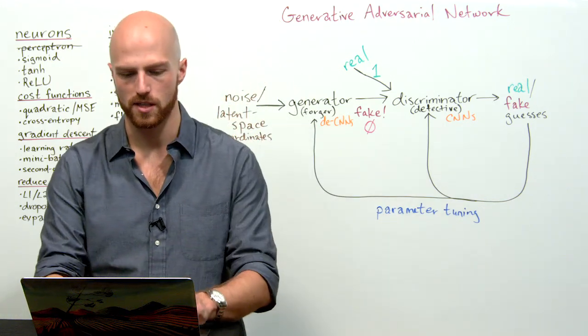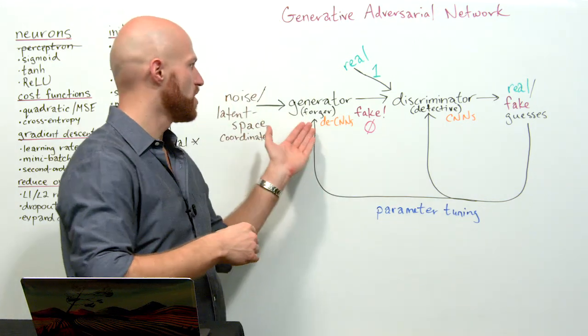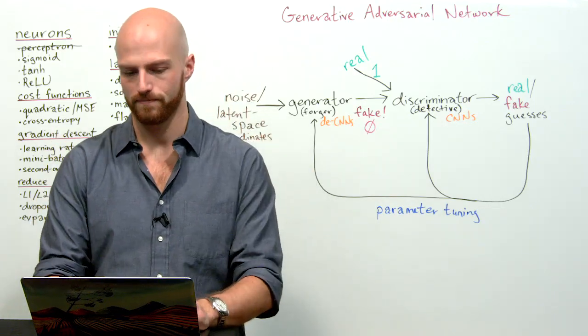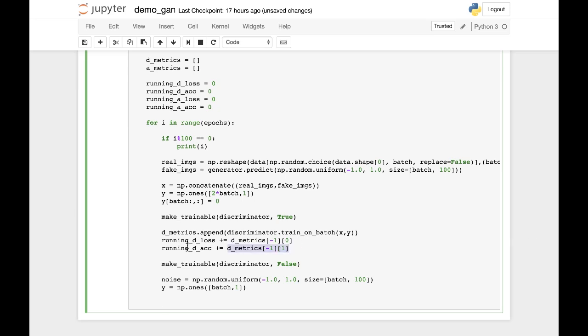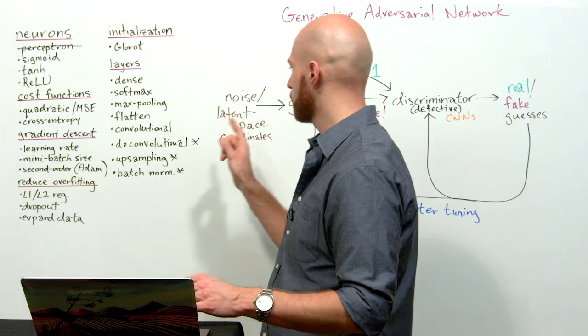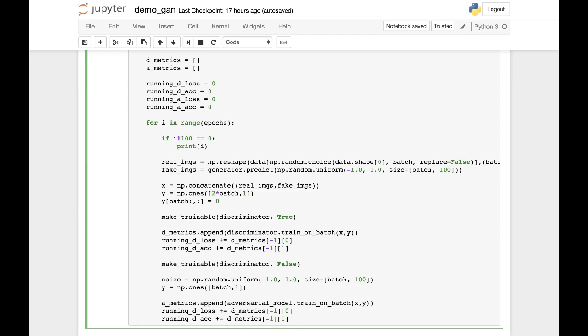Our cross-entropy cost is decreased, and so the generator becomes better and better at creating fake images that look like real ones. So in the same way that we appended metrics for our discriminator, we're also going to append metrics to our adversarial network as we train. So here our adversarial model is going to train on batch. The inputs into the adversarial network are just noise. So we change X to noise. And then our running adversarial loss and accuracy are also tracked.